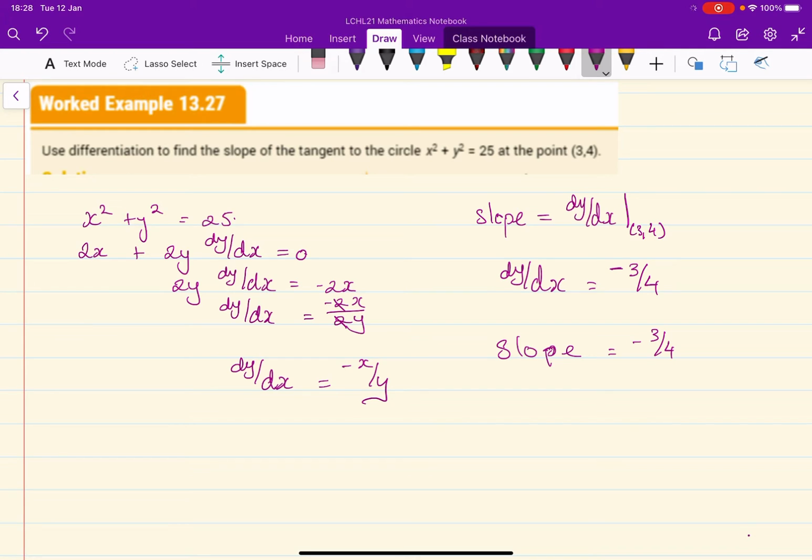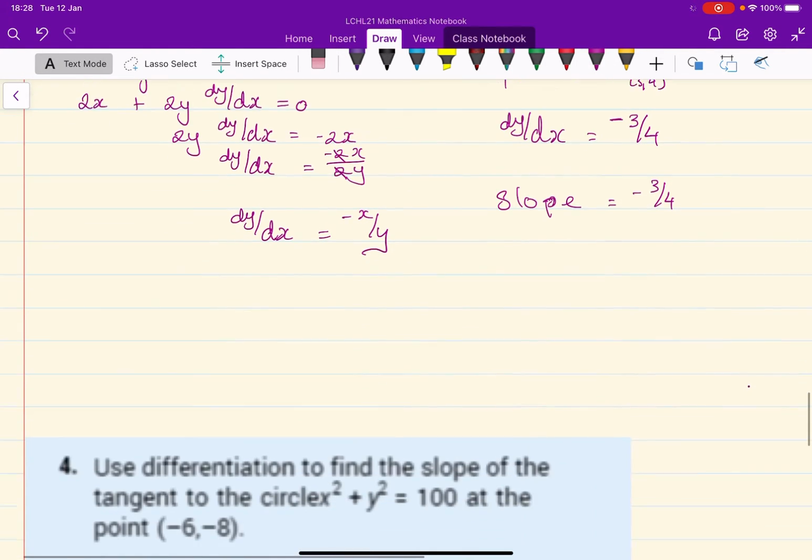And remember, if we're getting the equation of the tangent at that point, we would sub that in to the formula y minus y1 is equal to m times x minus x1. We might go ahead and actually just get it.